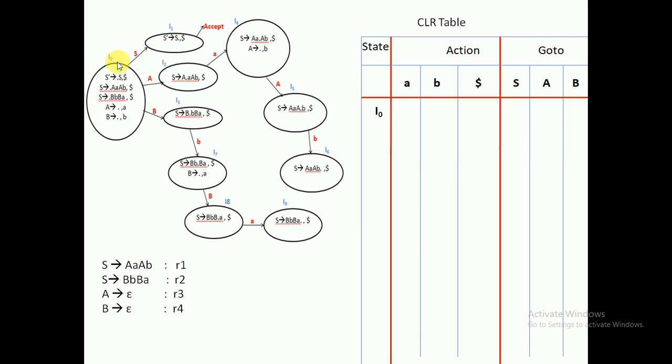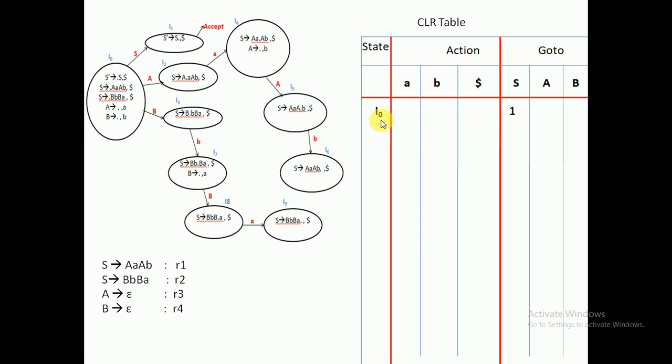Let us start with the I0 state. From I0 we can move to how many other states? 1, 2, 3. One is moving over capital S, another over capital A, and another over capital B. Moving over capital S, we reach state 1. Whenever moves are created over a non-terminal, that operation is called goto, so in the goto part, in the column of S, you write 1.